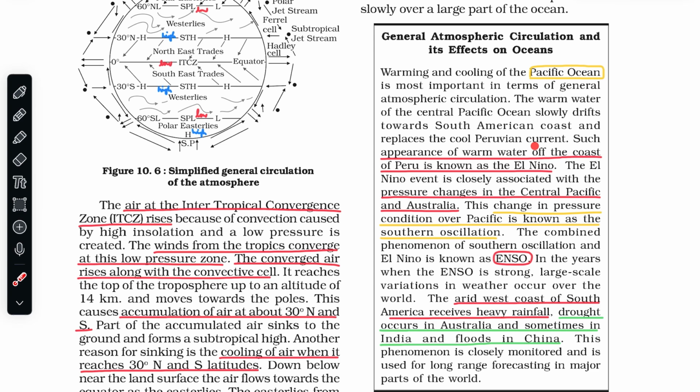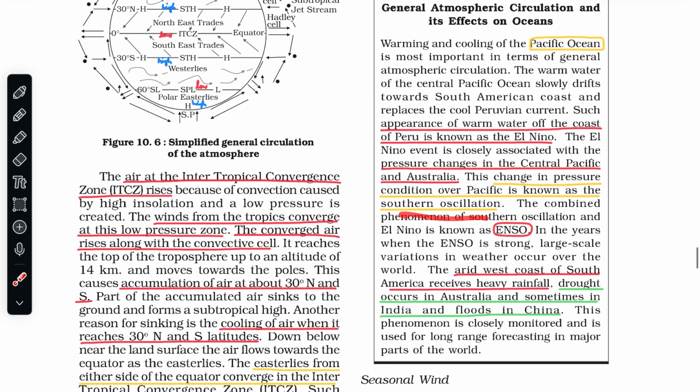Such appearance of warm water off the coast of Peru is known as El Nino. The El Nino event is closely associated with the pressure changes in the Central Pacific and Australia. This change in pressure conditions over the Pacific is known as the Southern Oscillation. The combined phenomenon of Southern Oscillation and El Nino is known as ENSO.